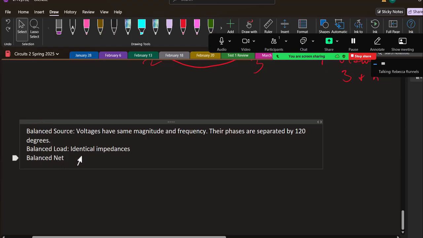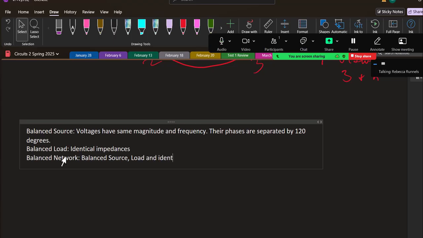Balanced transmission line. Yeah, if we wanted to be extra careful, a balanced network has a balanced source, load, and identical transmission lines. And that actually ends up being really tricky because, if this is a large network, your lines all have to have the same length.